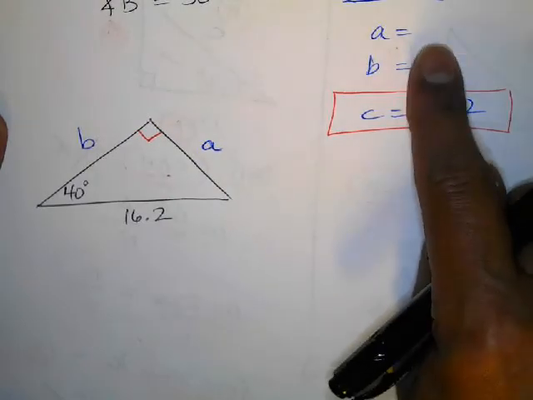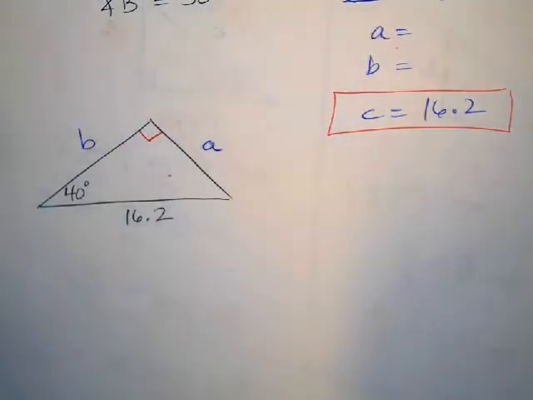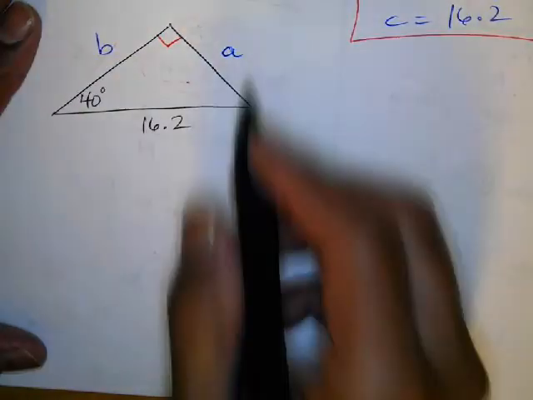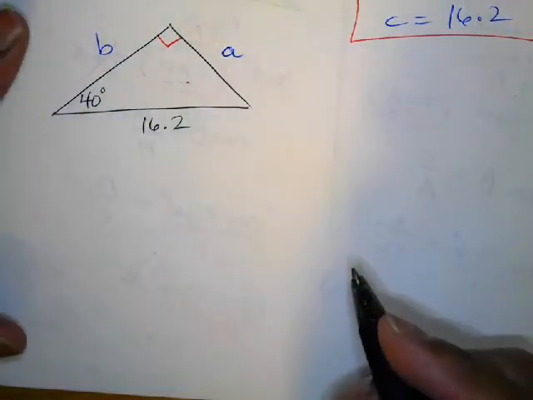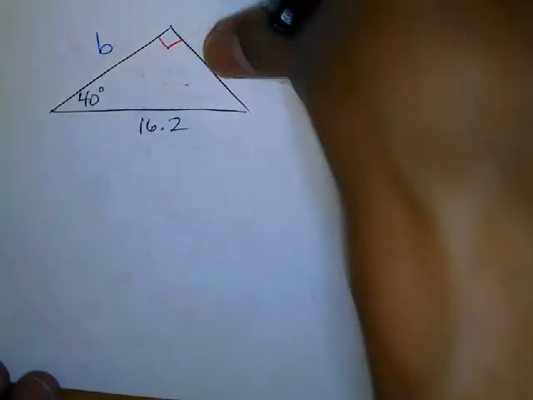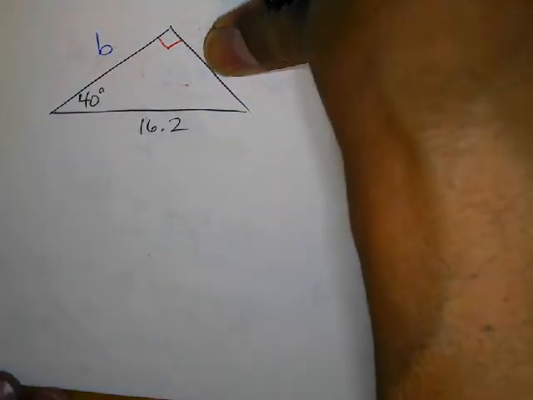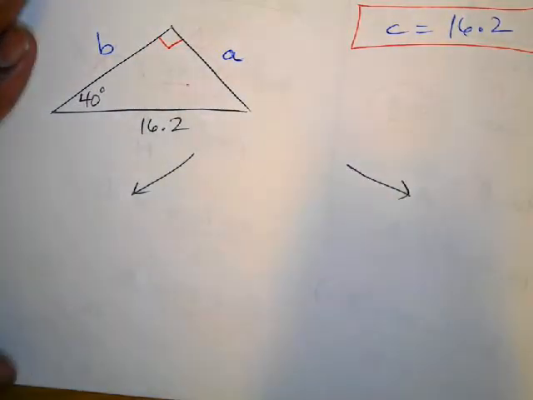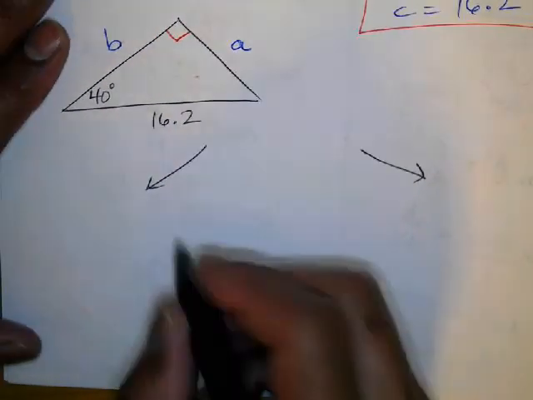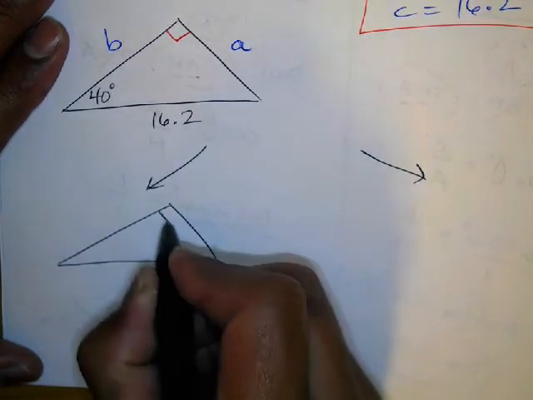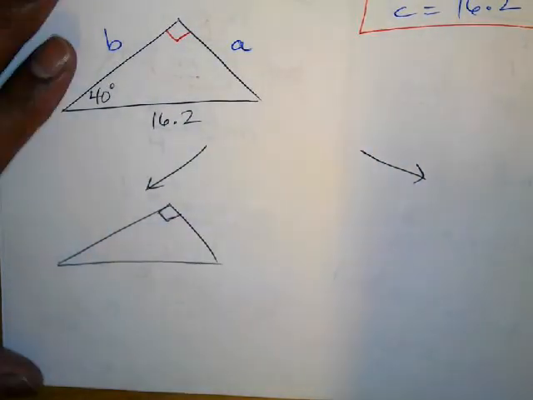Okay, so how do I find these two missing sides, A and B? I have them right here. And this is where I tell you to separate it into two problems, where in one of them you only see the A and in the other you only see the B. So we're going to separate this and copy it so we can solve each side one at a time, right?